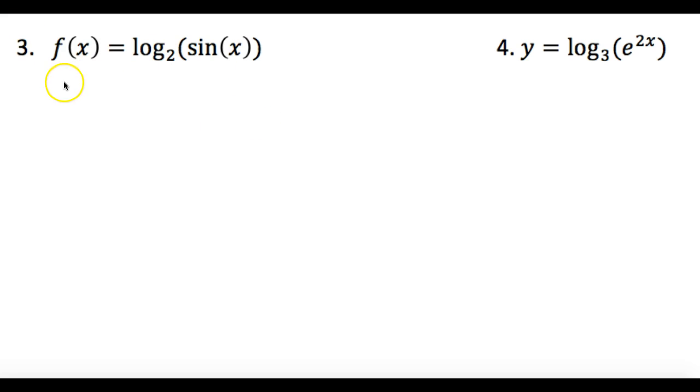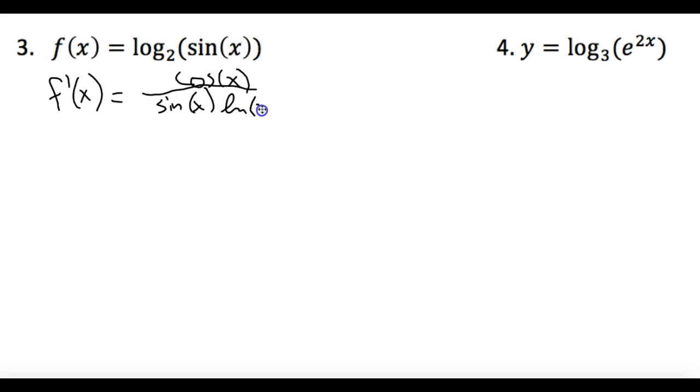All right, so if I want to take my derivative here, f prime of x, take the derivative of the inside, so the derivative of sine is cosine over sine times the natural log of the base, so times the natural log of 2.